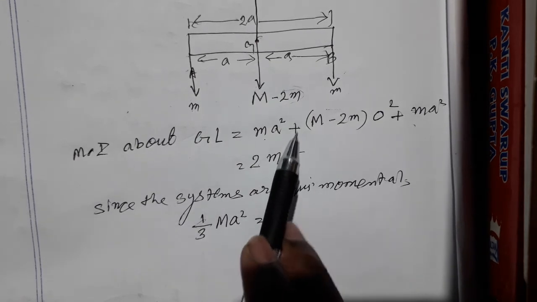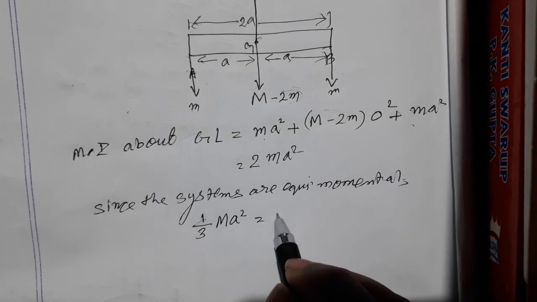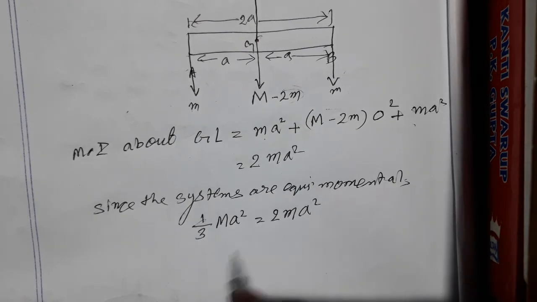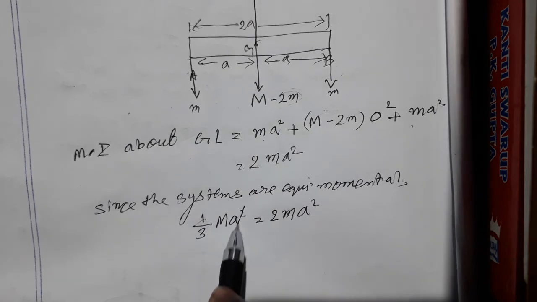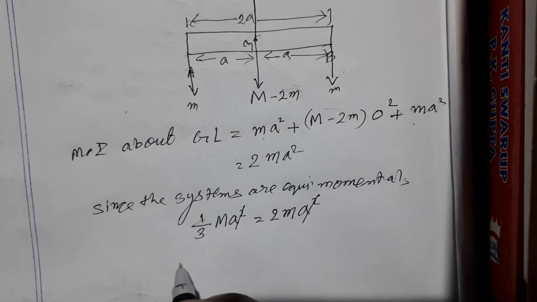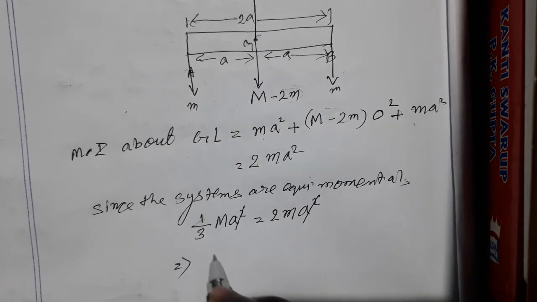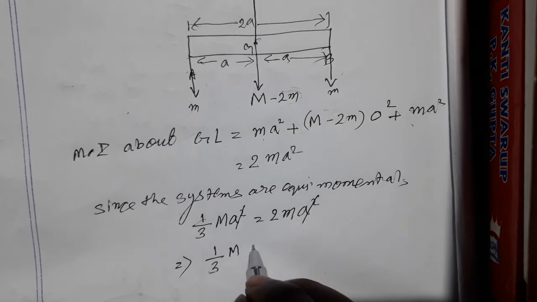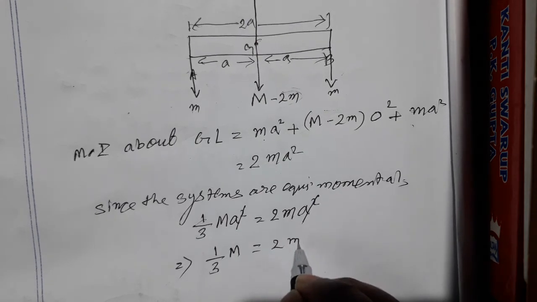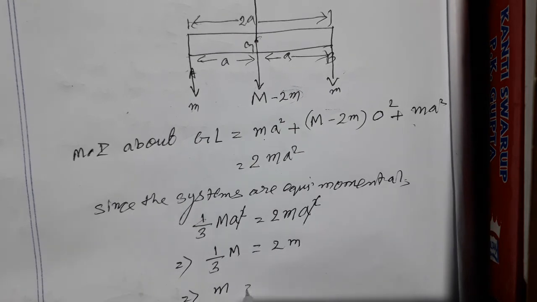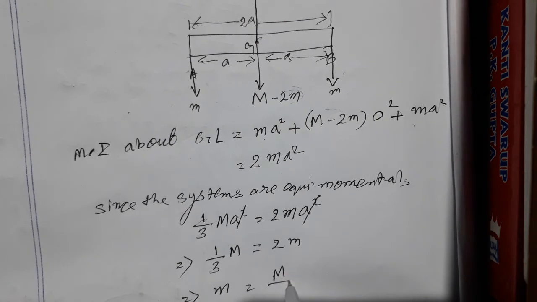Moment of inertia of the particles about GL, we got here, it is 2 ma square. Now here a square and a square will be cancelled. We have 1 by 3 M is equal to 2m. So what is your small m? Small m is nothing but M by 6.